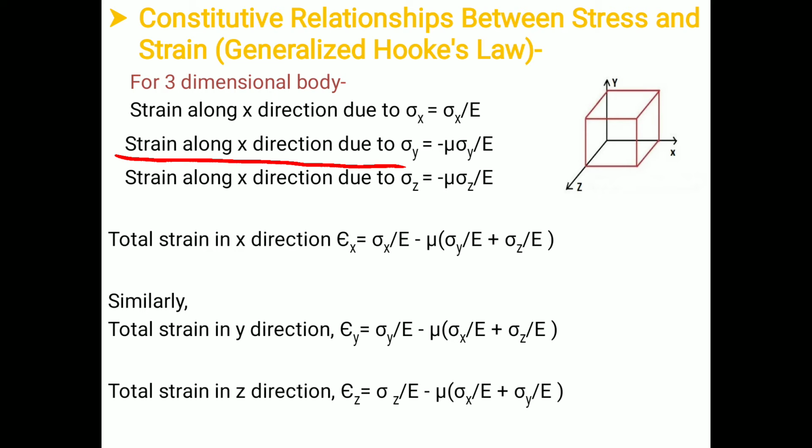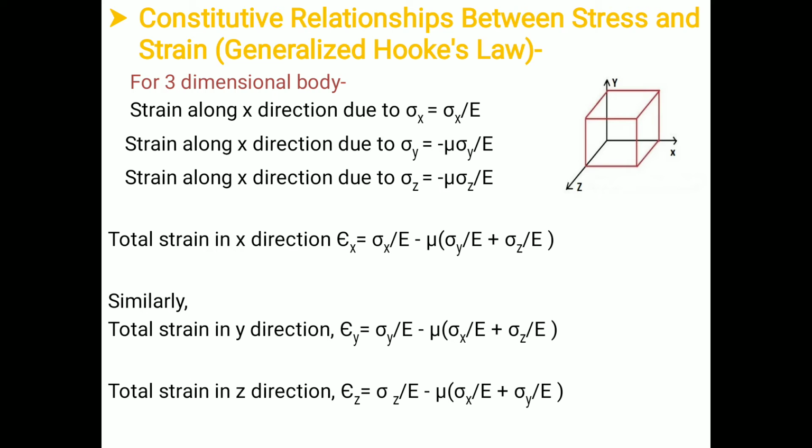Therefore the strain along x direction due to sigma y is given by minus mu into sigma y by E. In the same manner, the strain along x direction due to the effect of sigma z is minus mu into sigma z upon E.